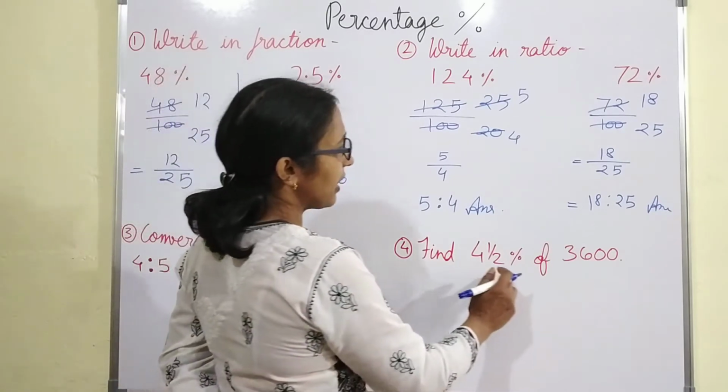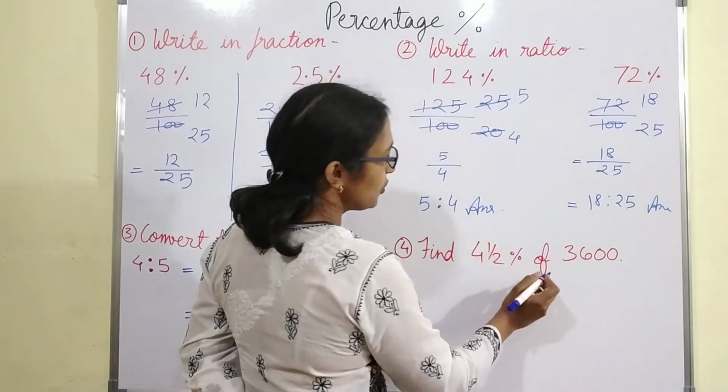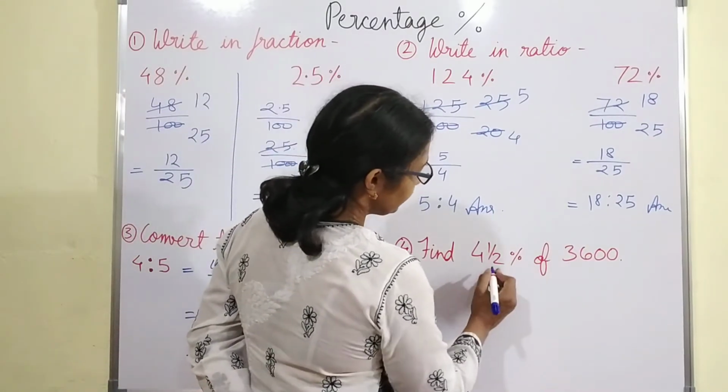Next question is find 4.5% of 3600. So 4.5% of 3600, where 'of' means multiply.